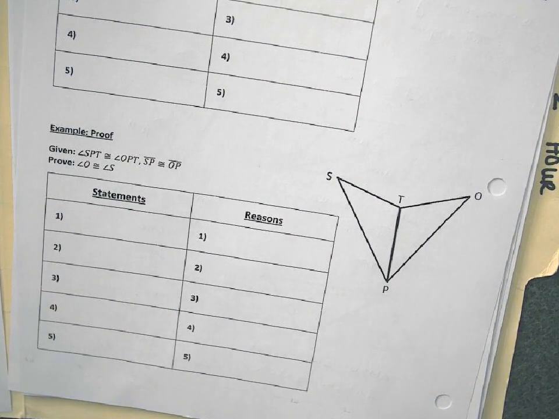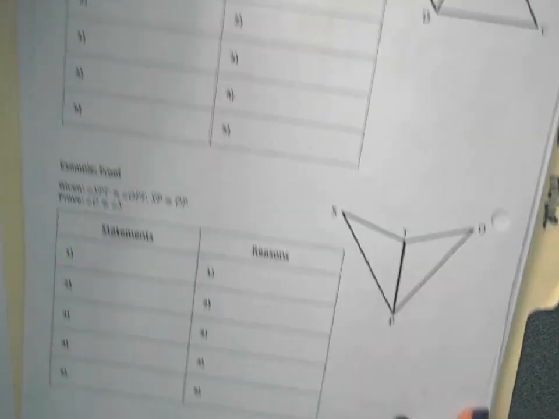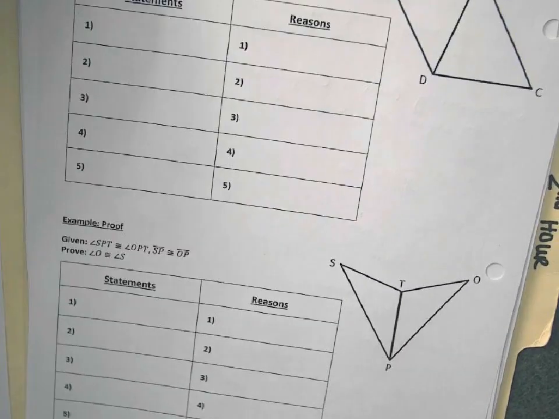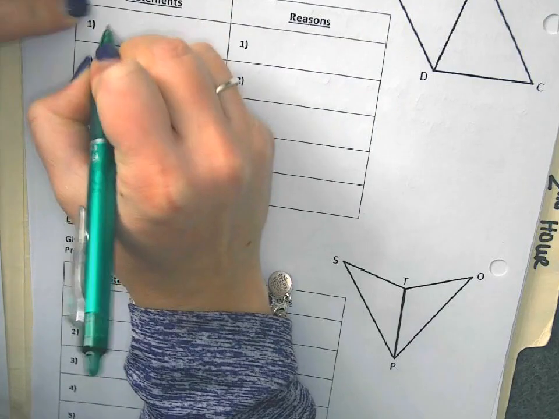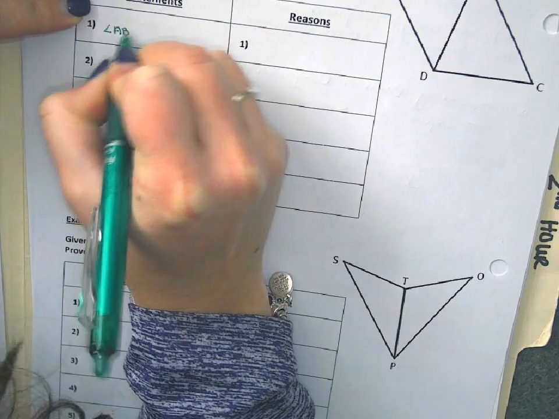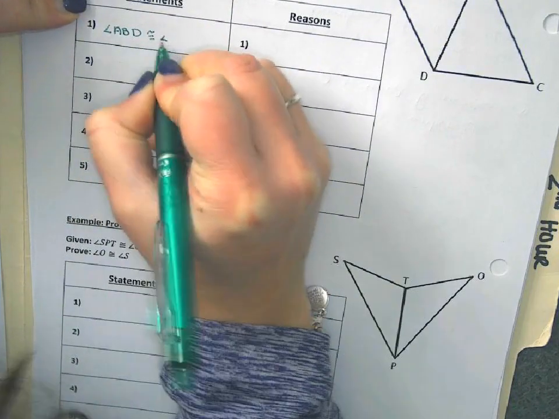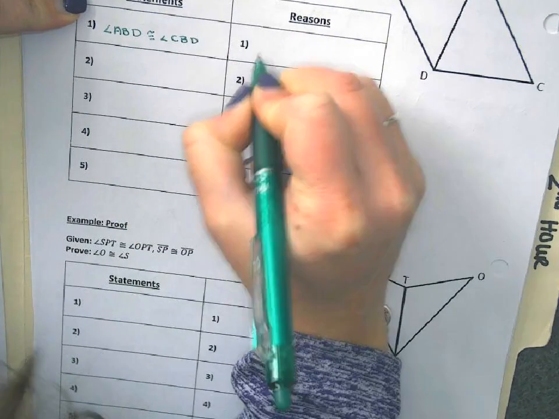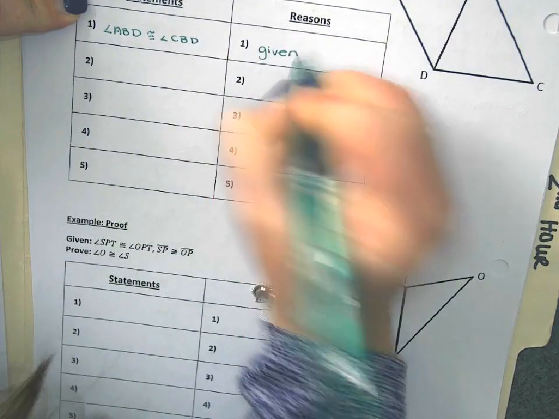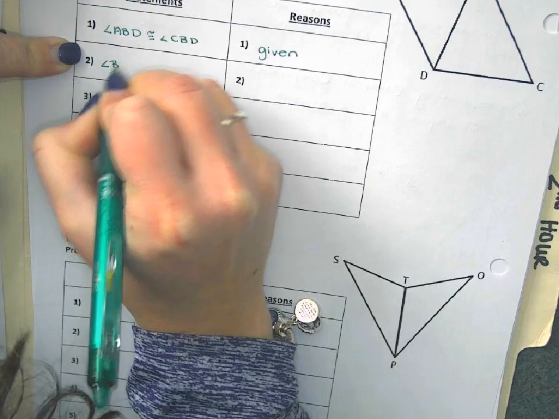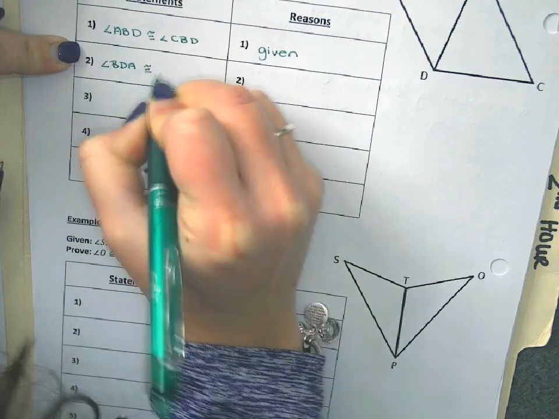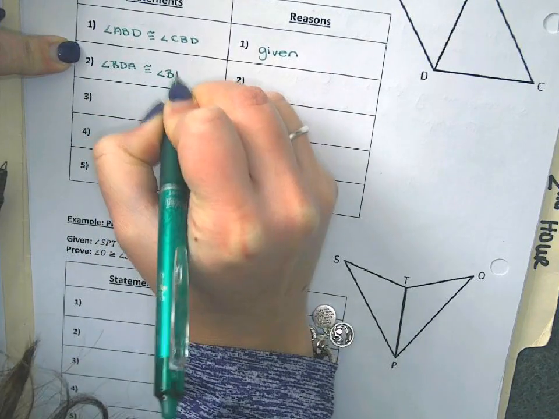So, just like always, let's set up our proof with the information that we have. We have a given is angle ABD is congruent to angle CBD. Our reason is given. We also have that angle BDA is congruent to angle BDC.